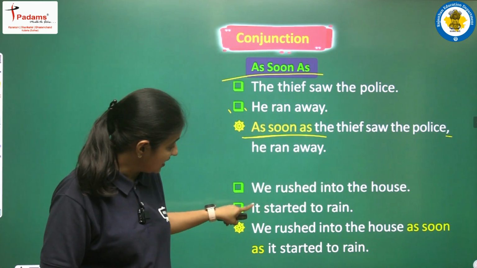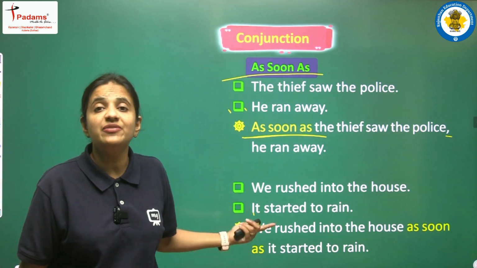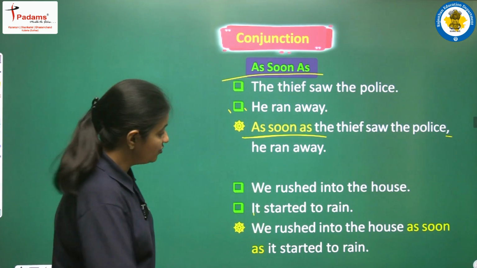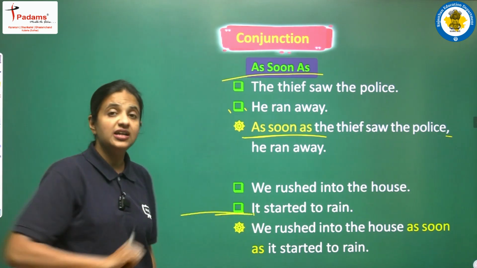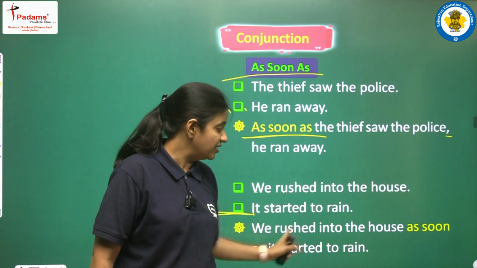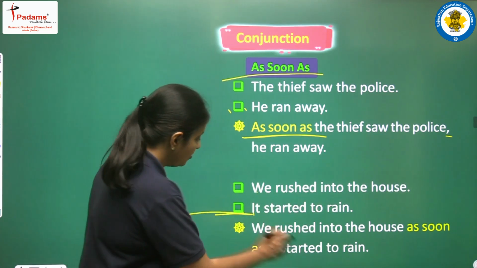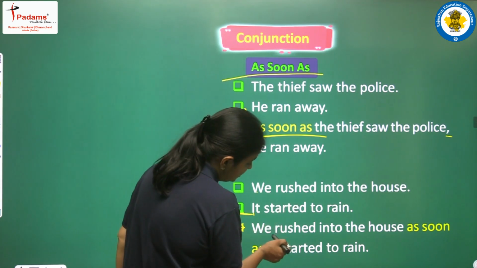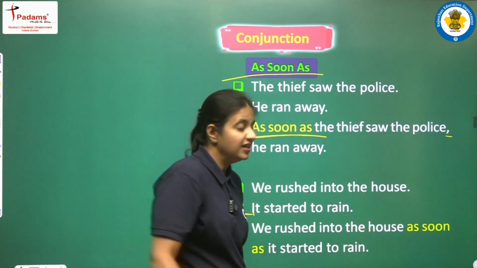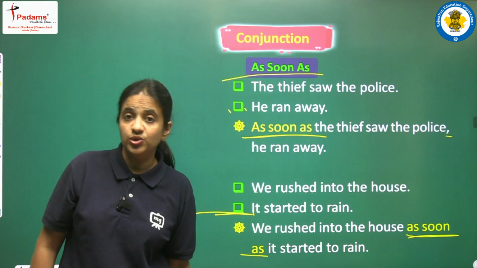So now in the second sentence we have the action that happened first, so as soon as will be in the beginning of the second sentence. The first sentence we write as it is, without any changes: we rushed into the house. Clear? Now here we have to use our conjunction as soon as.